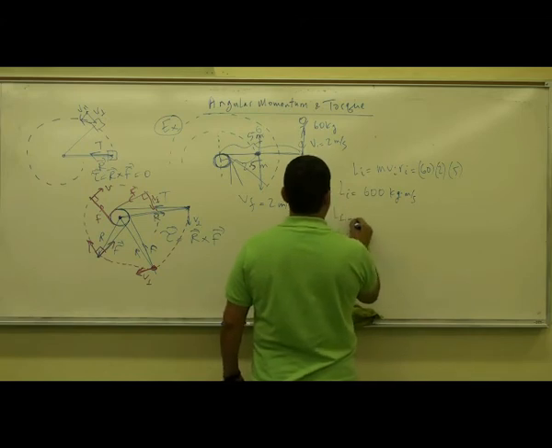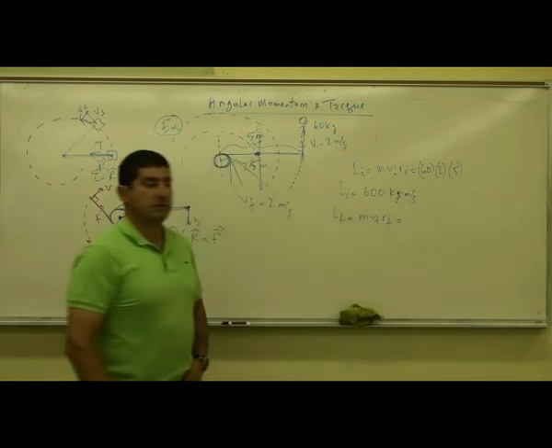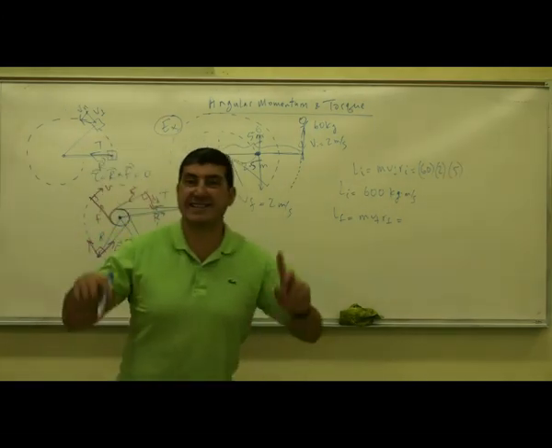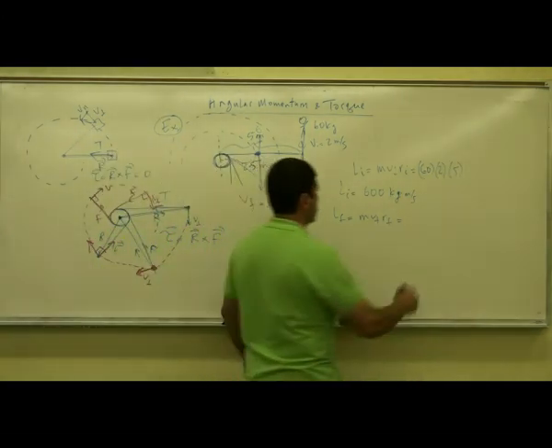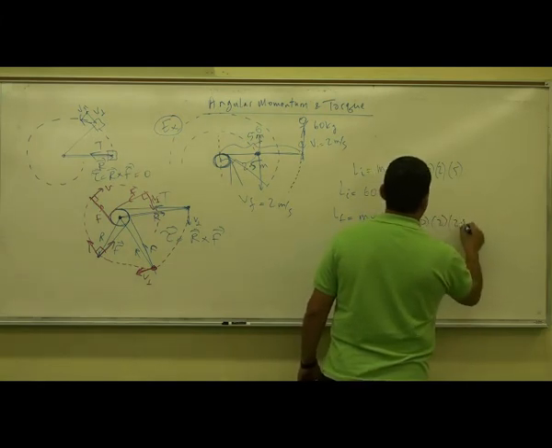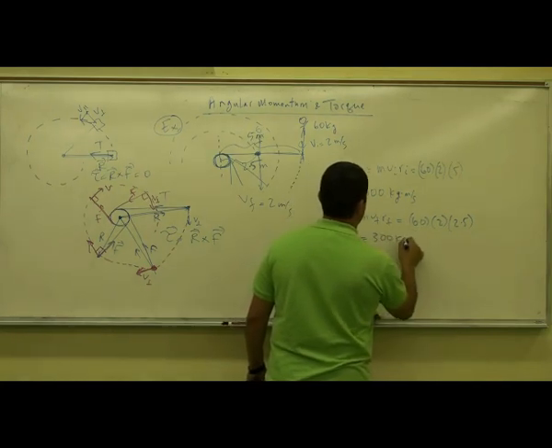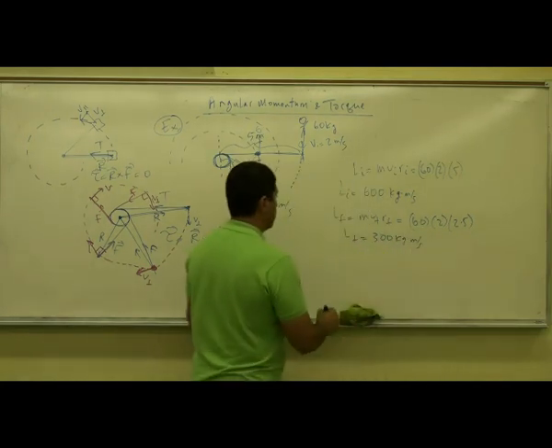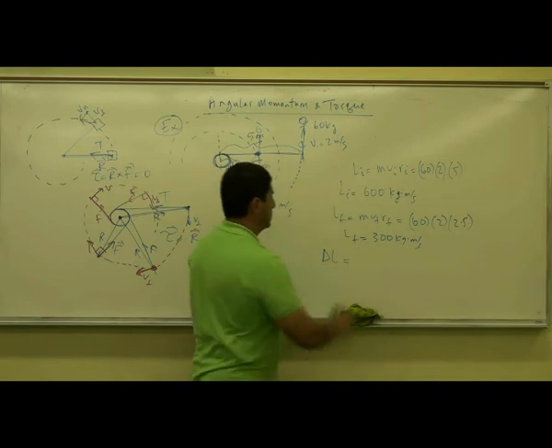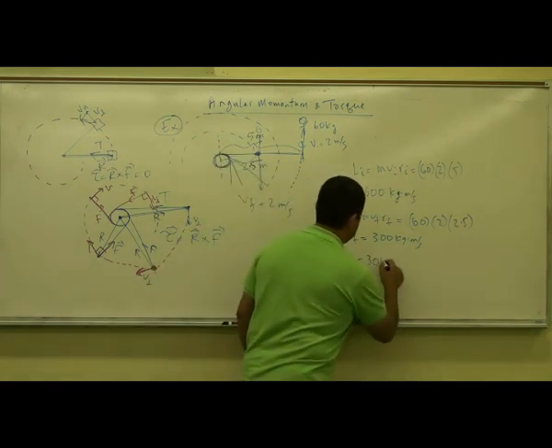The final angular momentum, m v final, r final, okay, v final is still going to be the same. So 60 times 2, and then r final is half. The angular momentum final, 300. The change in angular momentum, 300 minus 600, negative 300.